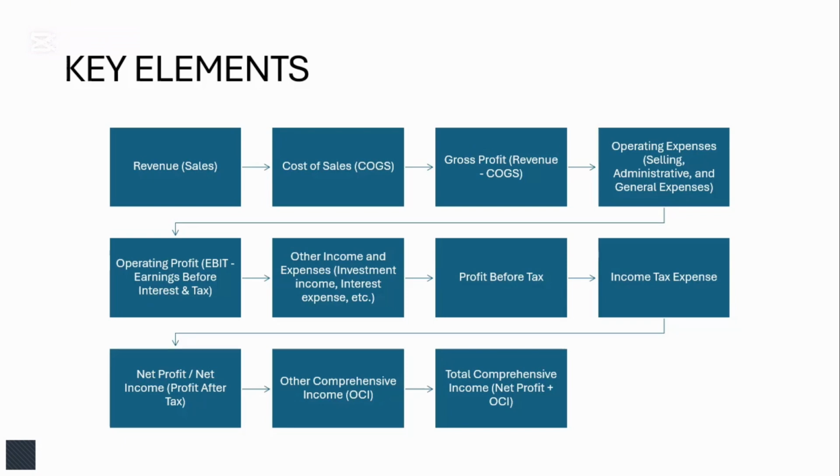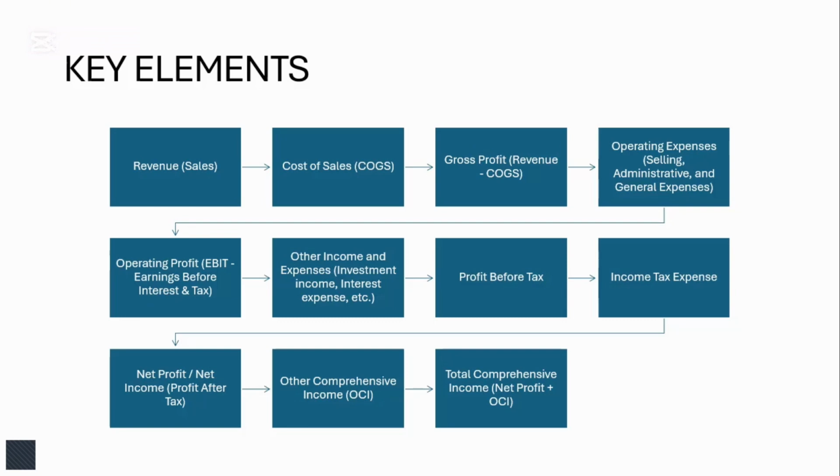Afterwards, we will minus our operating expenses. These are expenses that we incur in order to generate that revenue. Some of these operating expenses are selling and administrative expenses, and also general expenses.